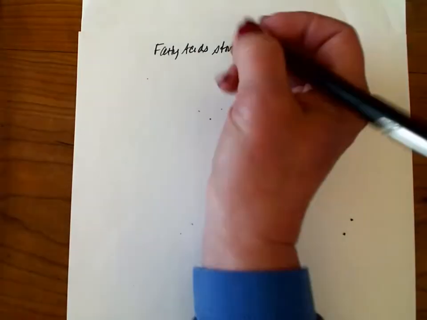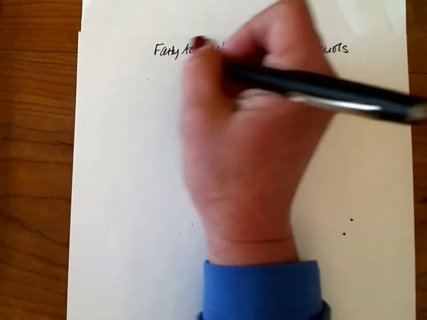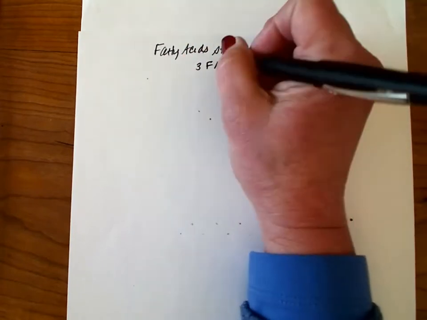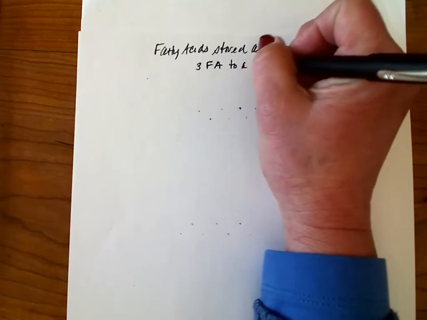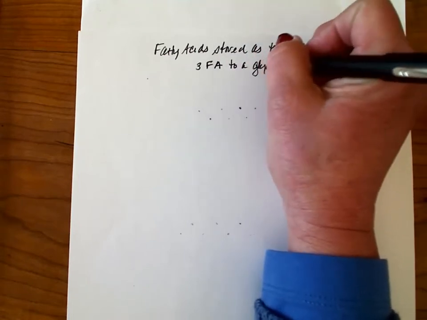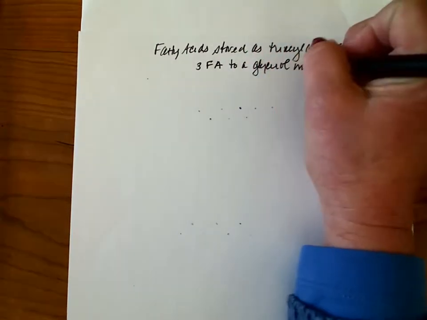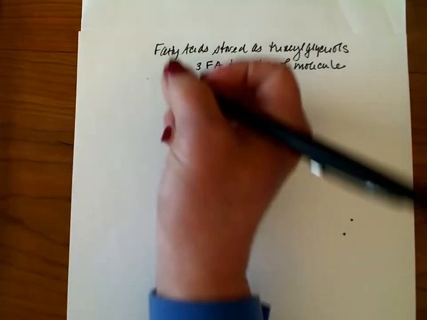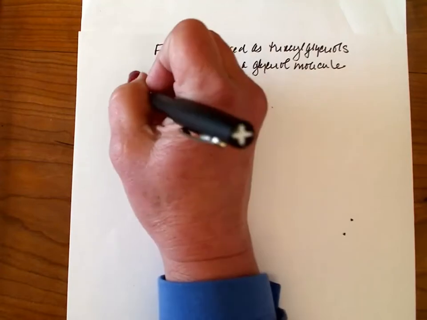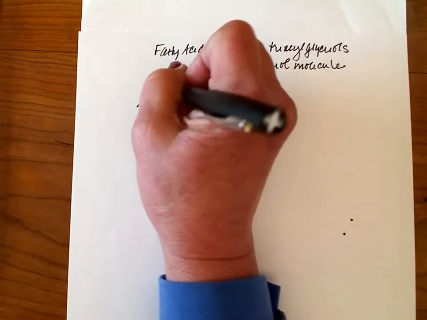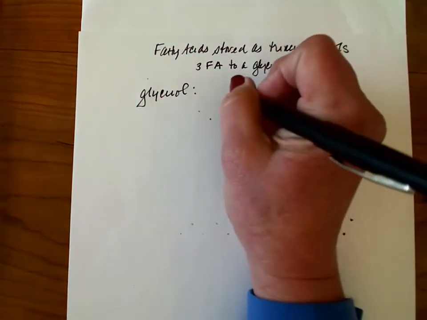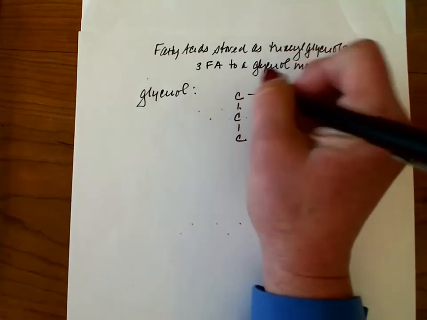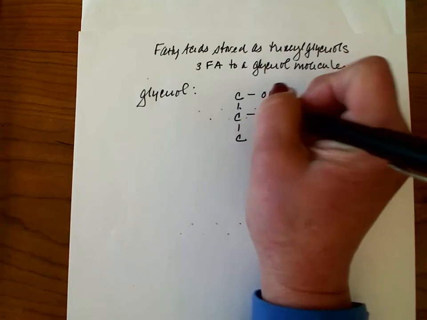And these are formed by the attachment of 3 fatty acids to a glycerol molecule. And you should be able to draw one of these. So the structure of glycerol, it is a 3-carbon molecule with 3 hydroxyl groups.